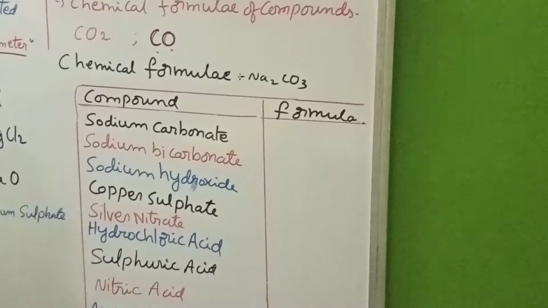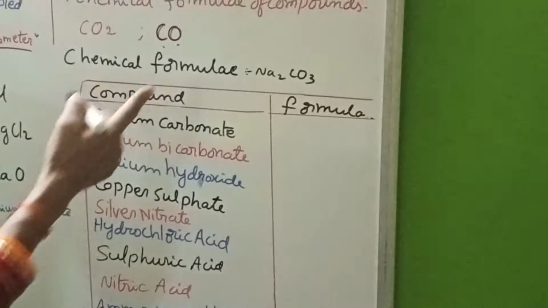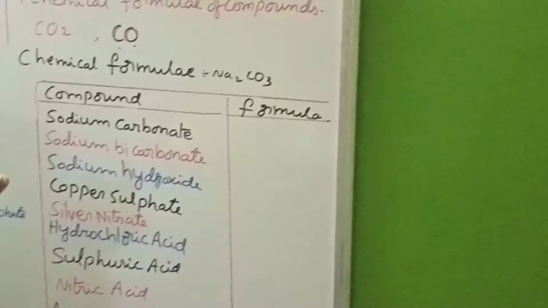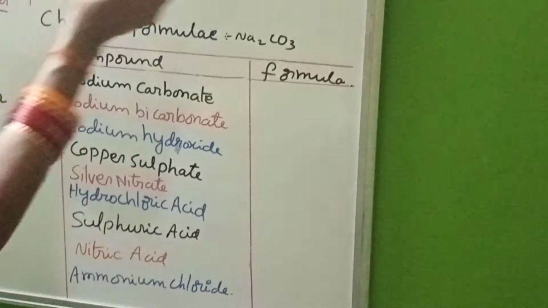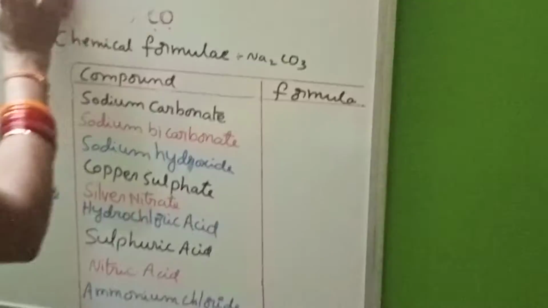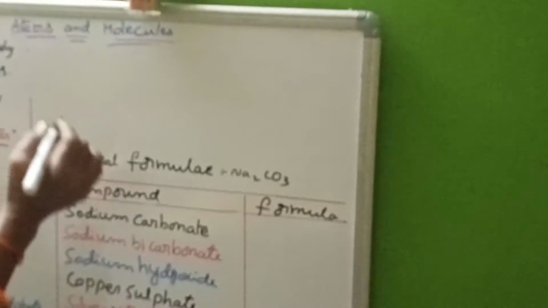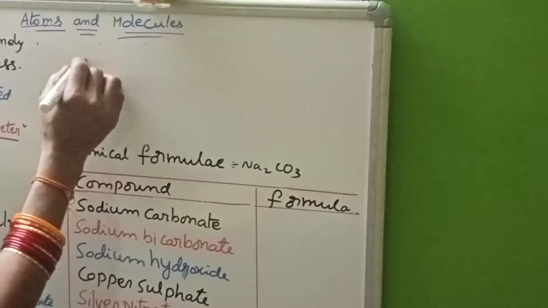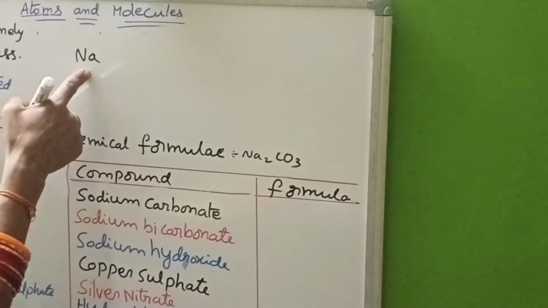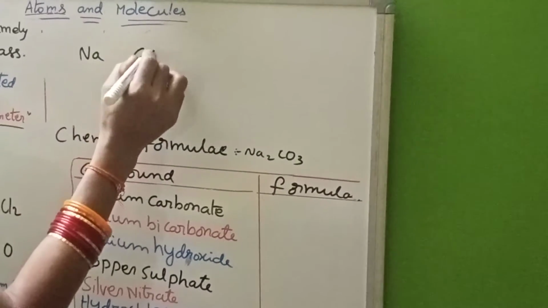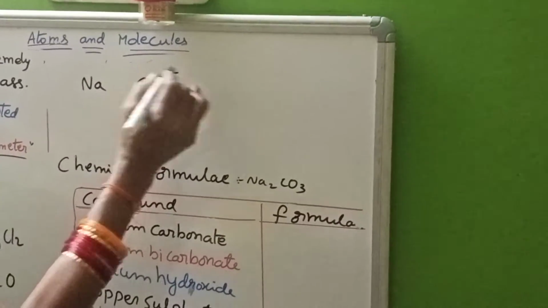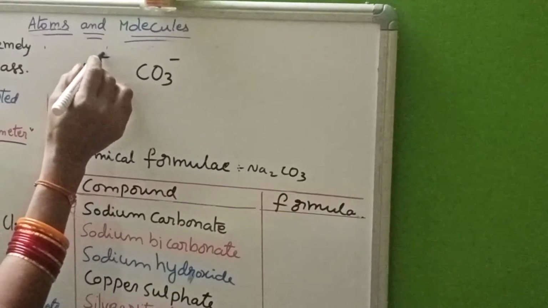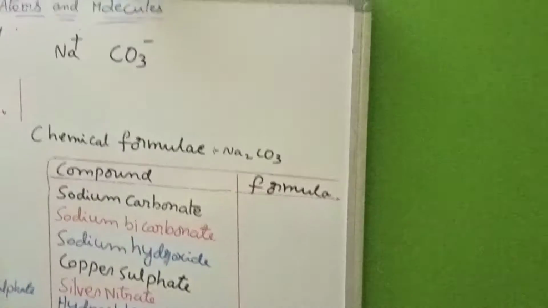Next, how do we write chemical formulae? By using the criss-cross process. Let us see. While writing sodium carbonate, first you write the symbol for sodium, and then carbonate, a radical. Sodium forms the cation Na+.